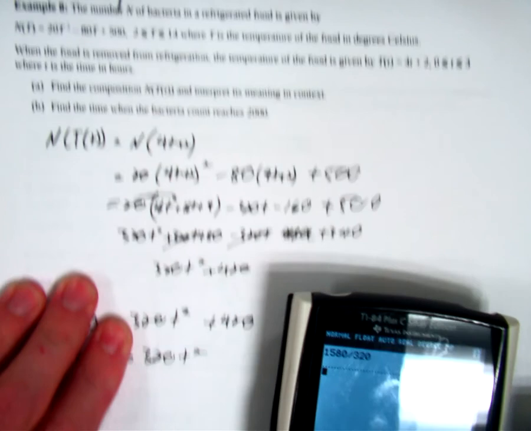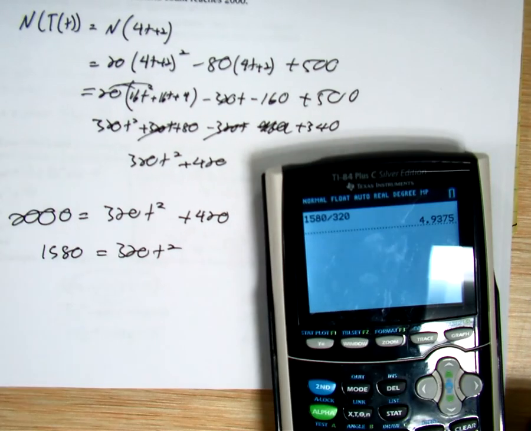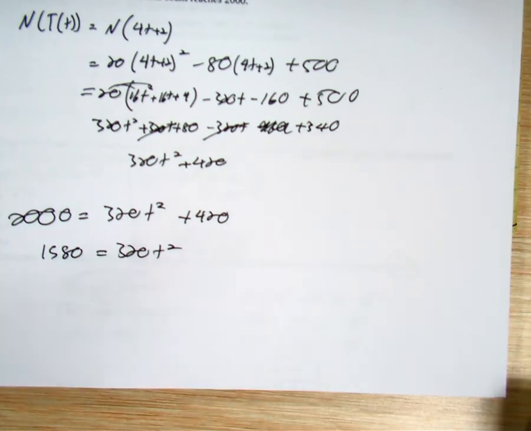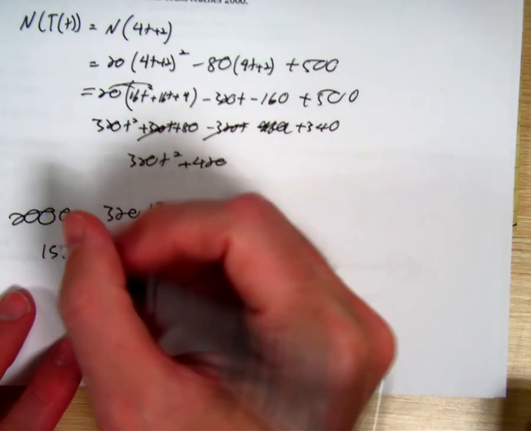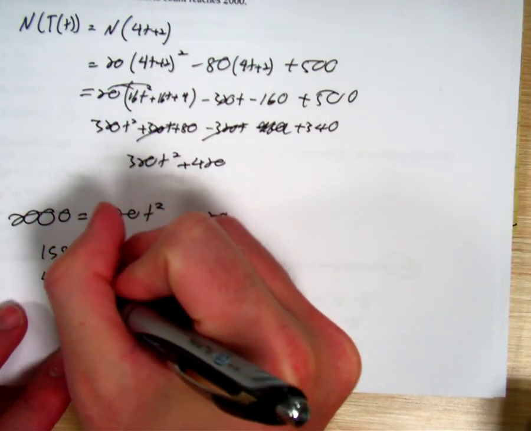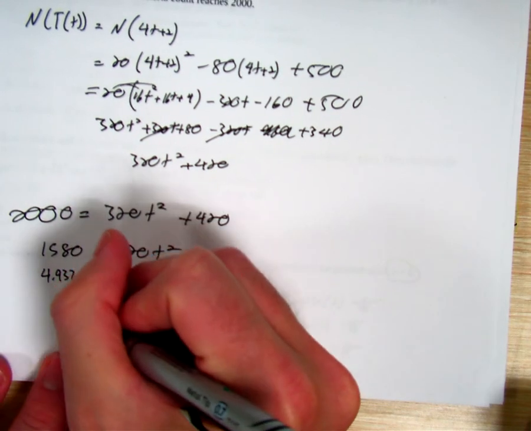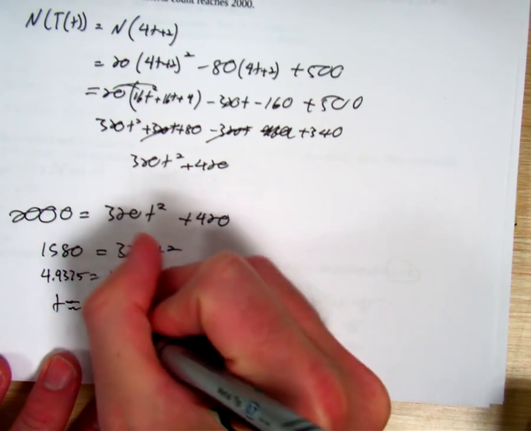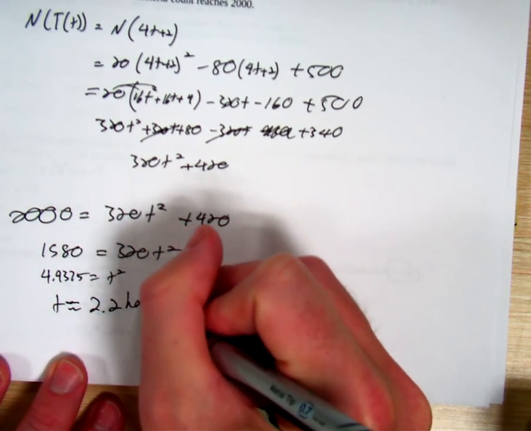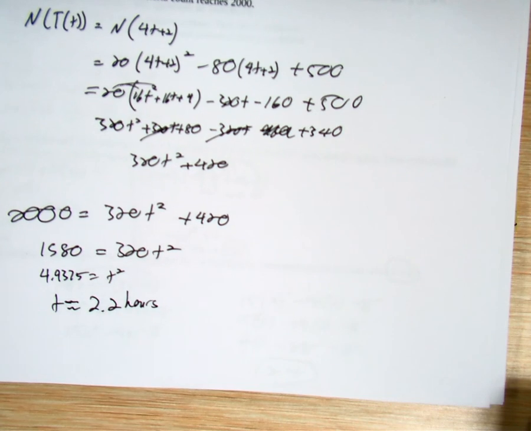Oh, sorry guys, a little low. 4.9375. Square root, and we're going to get approximately 2.2 hours. After 2.2 hours, it'd be about 2,000 bacteria.